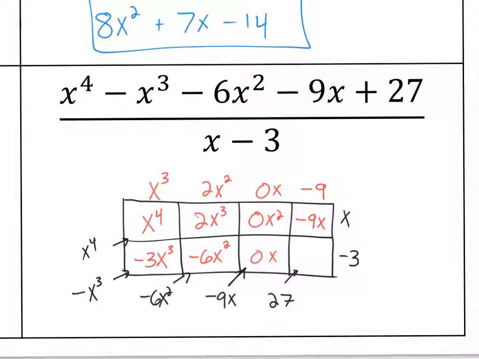Negative 9 times negative 3 is 27. I do not have a remainder. And so my answer to this division problem is x to the 3rd plus 2x squared plus 0x, and I can forget about that and just say minus 9. So this would be my answer.